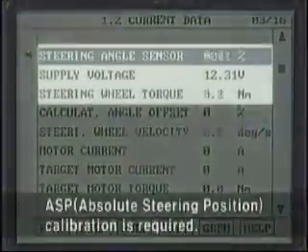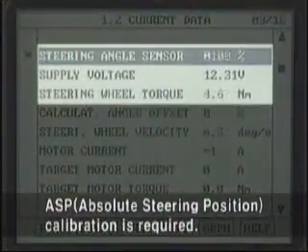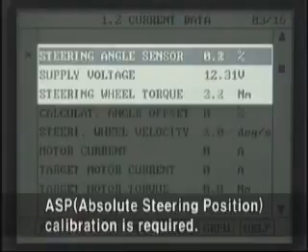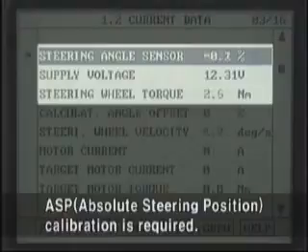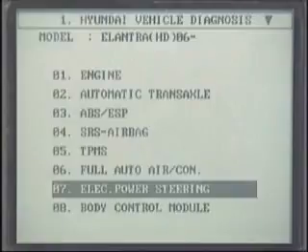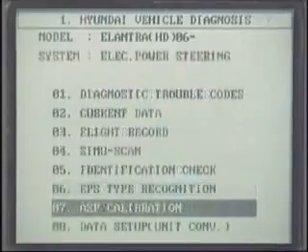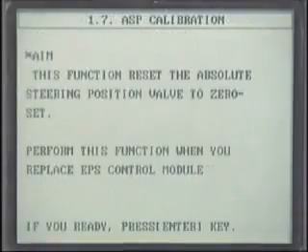As the torque sensor recognizes the absolute angle, the absolute steering position should be calibrated. It should be conducted in all conditions in which the wheel alignment is changed. At first, in the power steering items of scanner, select the ASP calibration. Check that the steering angle is within the plus or minus 5 degree range and press the Enter key.